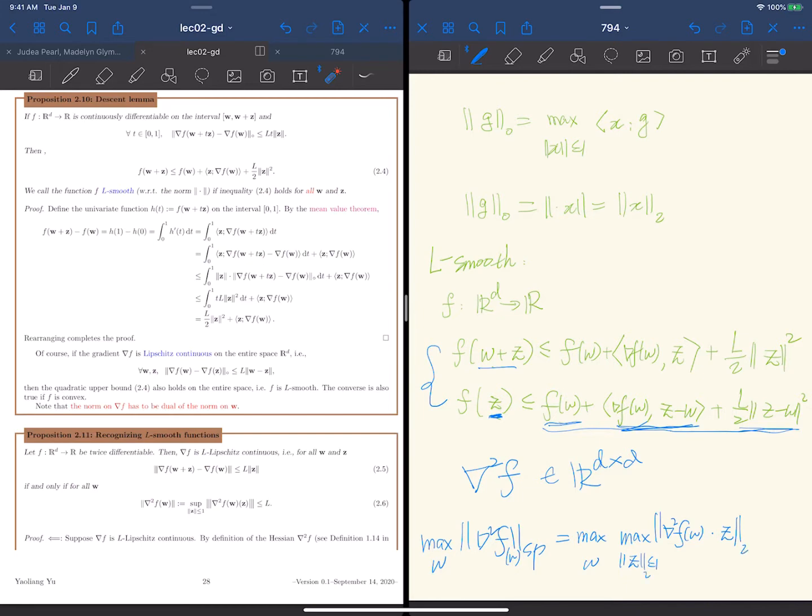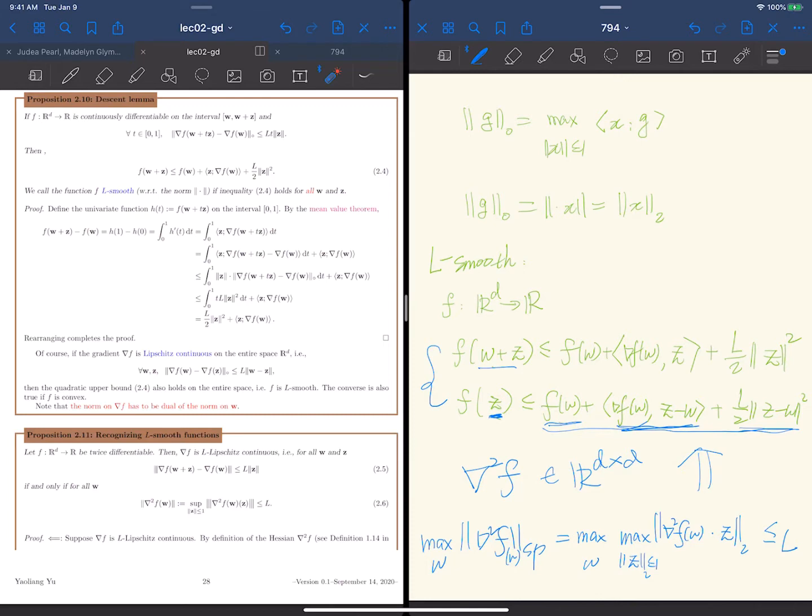If you know linear algebra, the spectral norm of a matrix is basically the maximum singular value of that matrix. Propositions 2.10 and 2.11 show that if the spectral norm of the Hessian is smaller than L, then the function f is L smooth.